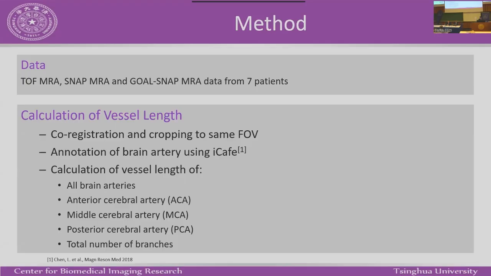Total number of branches is defined by the number of bifurcation points in the cerebrovascular structure. Wilcoxon signed rank tests were performed to assess the significance of difference of each metric.